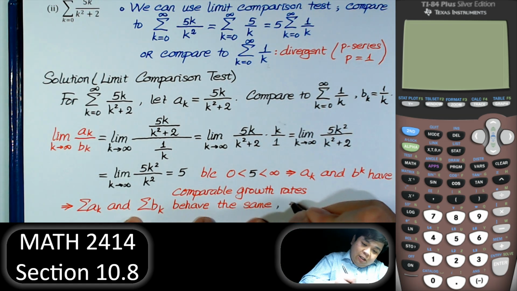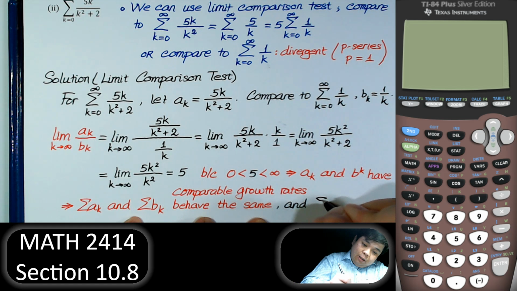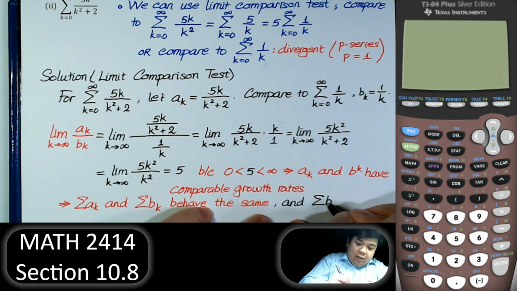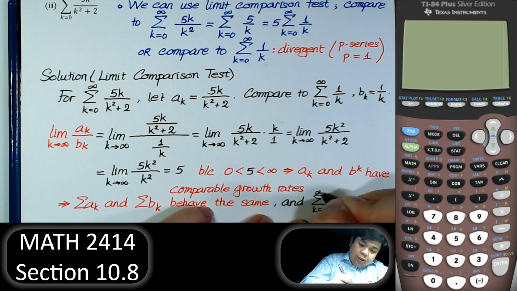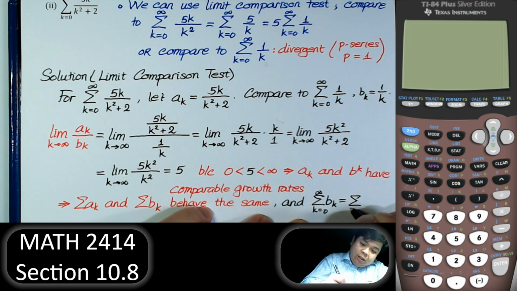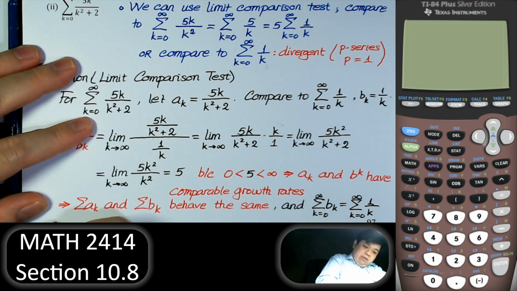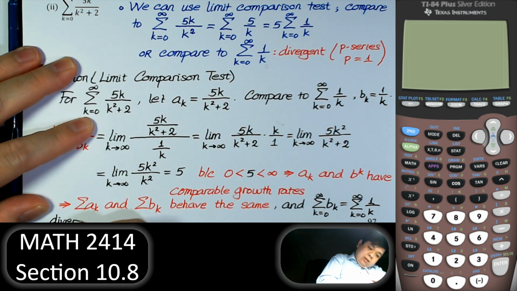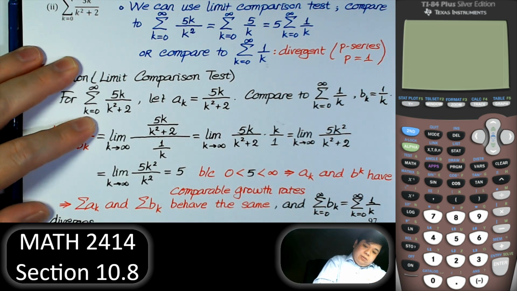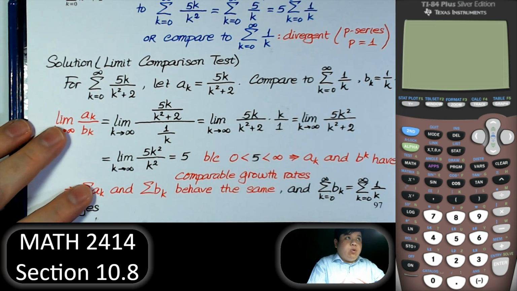And since b of k is the harmonic series, it diverges. A of k also diverges.